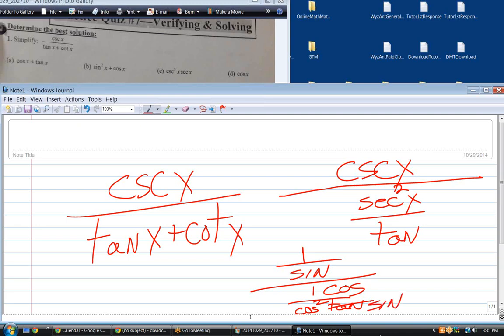See how I did all that? Yeah. Okay. Sines cancel because they're both in the denominators. And I end up with 1 over cosine in the denominator, which becomes cosine in the numerator. D.